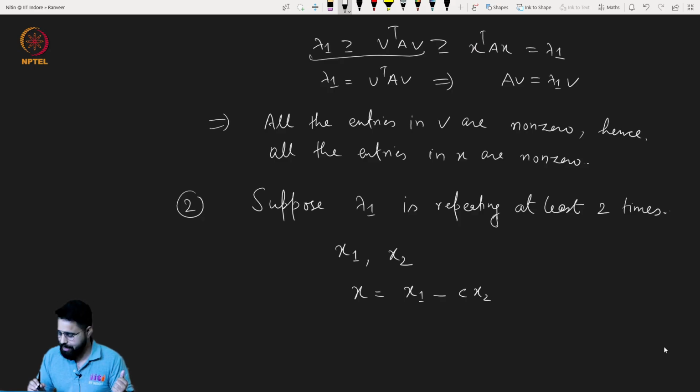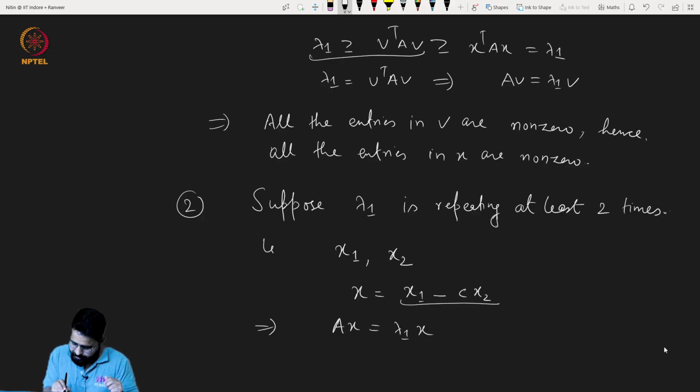I can always do that. I can choose some suitable constant and multiply it with that vector, so that if you subtract it from x1, the resulting vector has at least one entry 0. Now you see that this is nothing but a linear combination, so this implies Ax is equal to lambda 1 x.